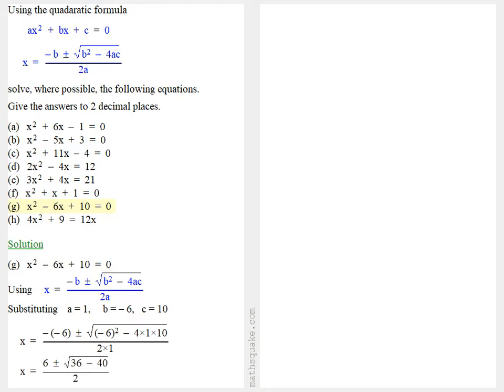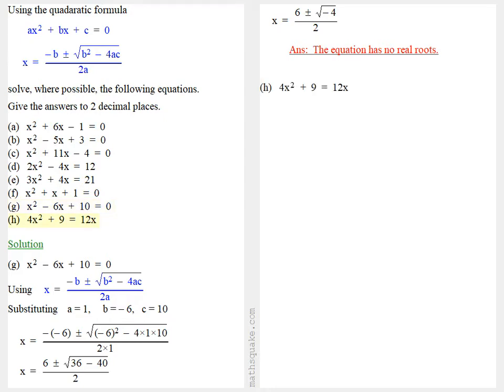That's x equals 6 plus or minus the square root of 36 minus 40 all over 2, which is x is equal to 6 plus or minus the square root of minus 4 all over 2. Again, there's no real solution to the square root of minus 4, and so the equation has no real solution or roots.